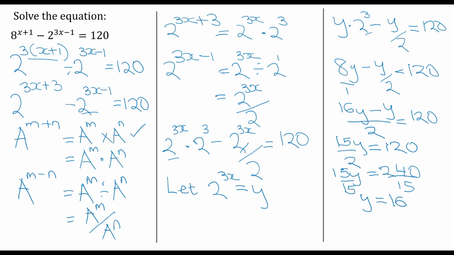But remember that y is this, so you have 2 to power 3x is equal to 16, which can be written as 2 to power 4. You have base 2 on both sides, so you have 3x is equal to 4, implying that x is equal to 4 over 3, or 1 and a third as your answer.